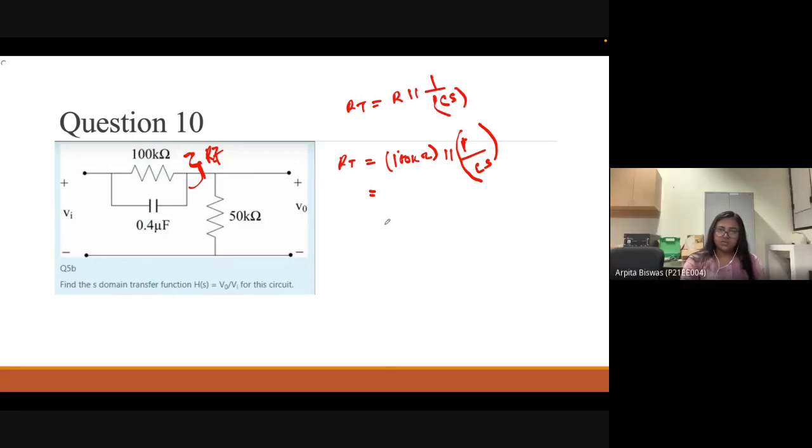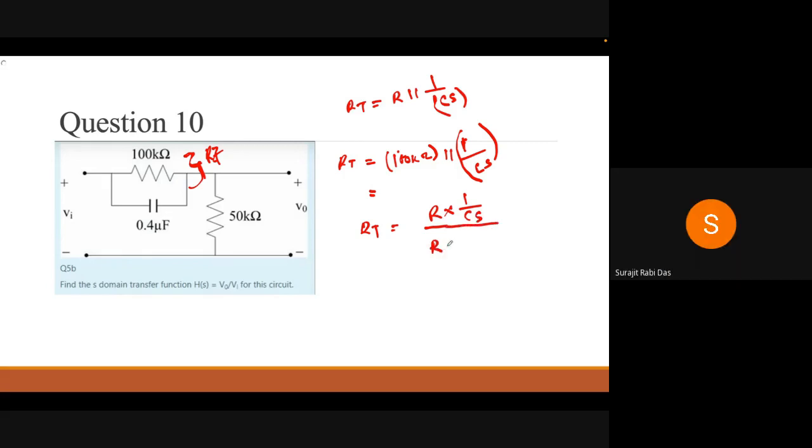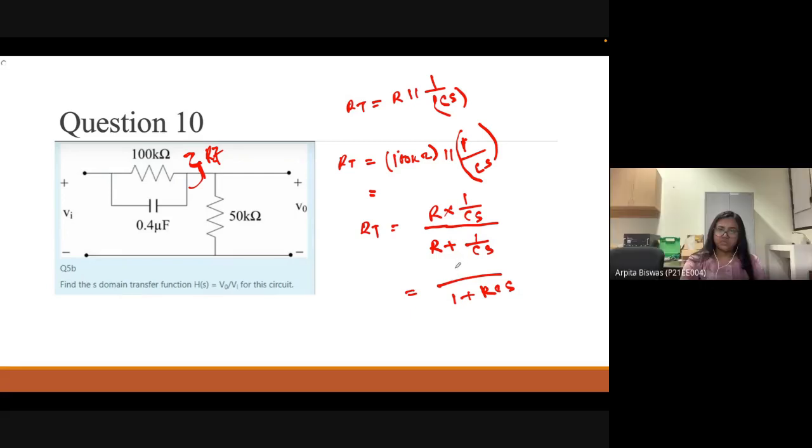Then what is the value of RT? R1 into 1 by CS, then R1 by 1 plus sR1, 1 by CS. That is 1 plus sCR1, CS by R. Right? Yeah.